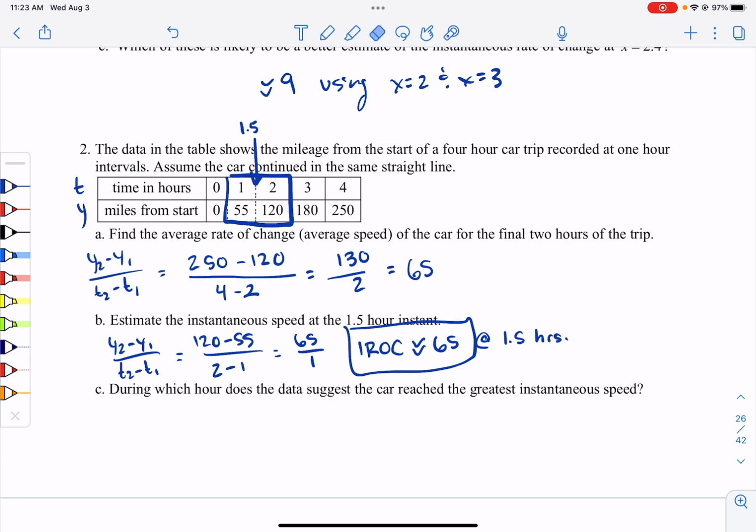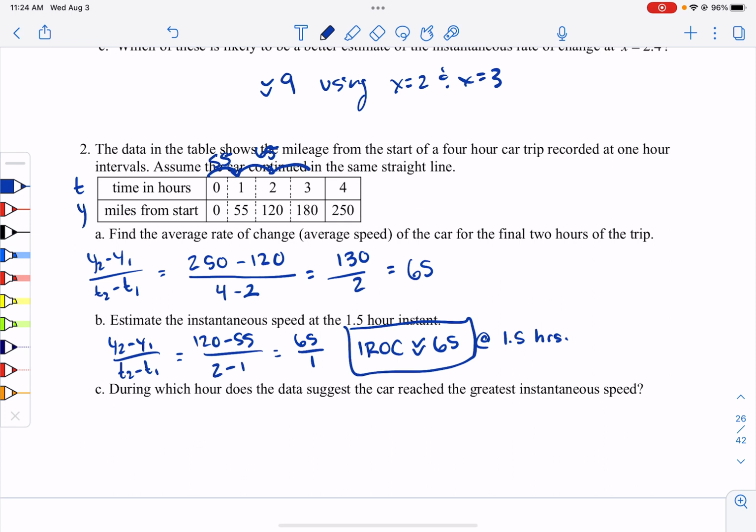This is kind of a cool question, because we're using average, but we're trying to figure out in what hour they went the fastest, which means they also went the furthest, right? If you went faster, you would go farther. From 0 to 1, they went 55 miles. From 1 to 2, they went 65 miles.